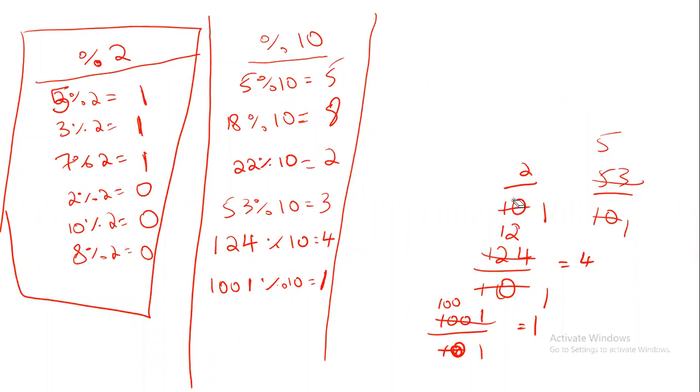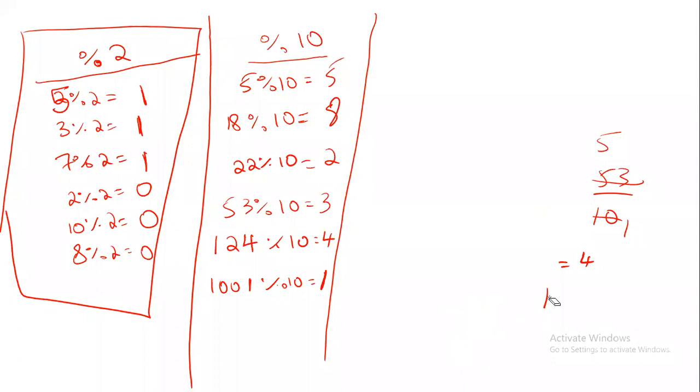The question is, two numbers will be given, number A and number B. Let's say A value is 125 and B value is 8.